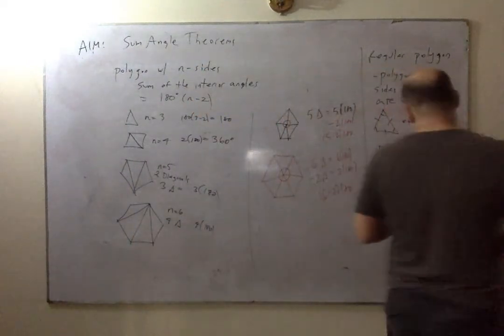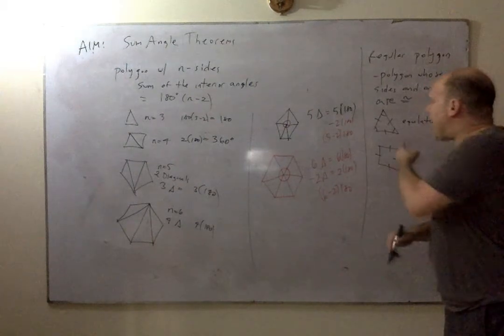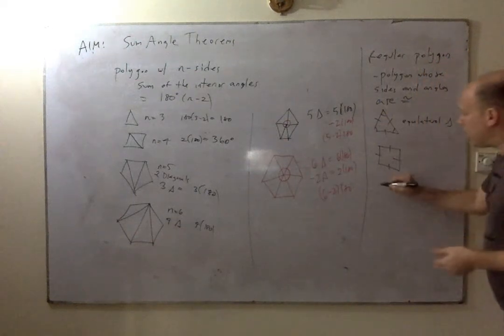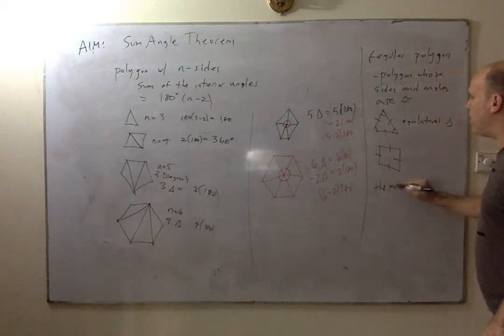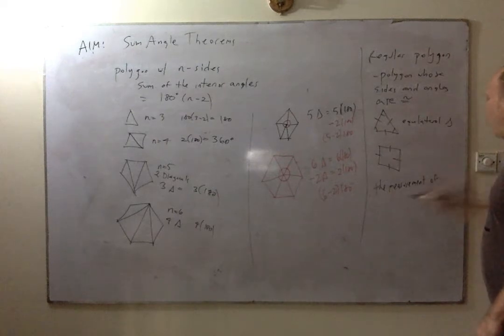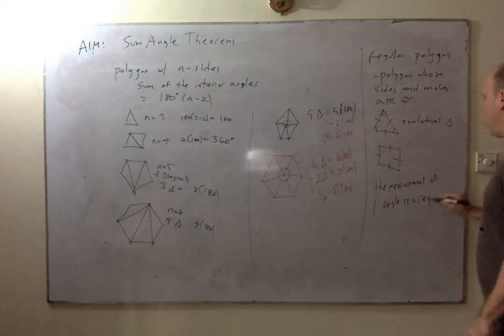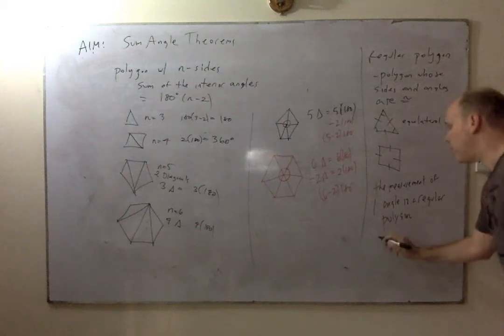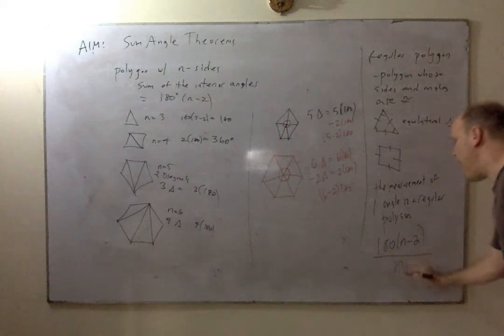So, I might say to you, how do you figure out the measurement of one angle in a regular polygon? And you would say, oh, you know what, Mr. Adler? The measurement of one angle in a regular polygon is the sum of all the angles, but we just divide by n.